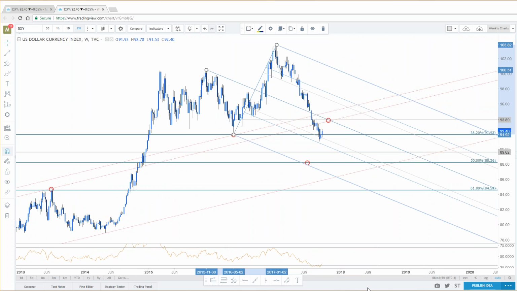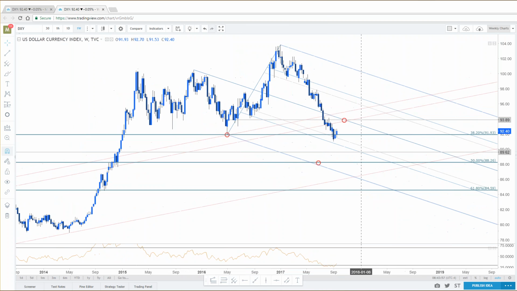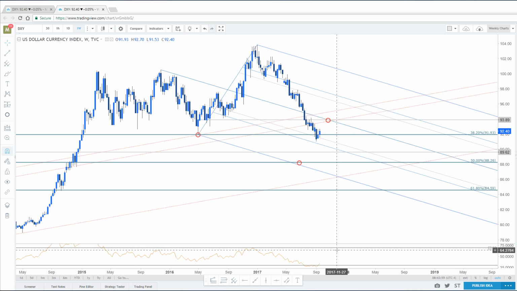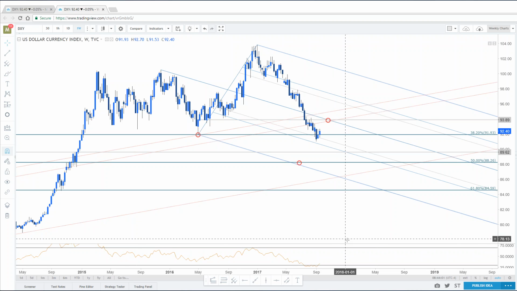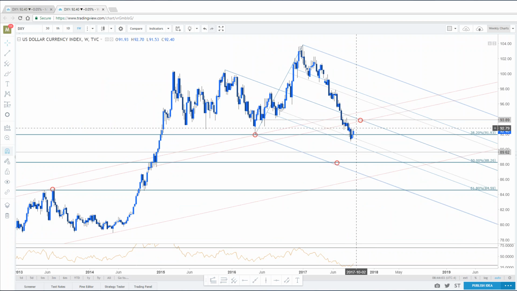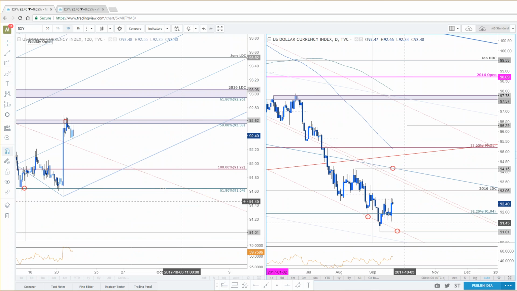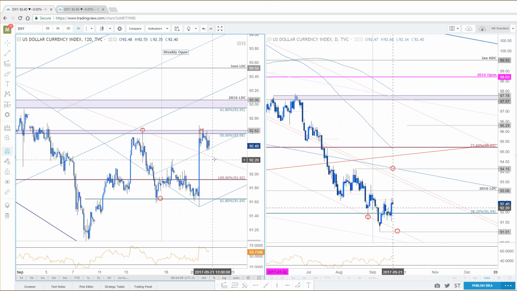But I don't want to put the horse before the carriage here, or the carriage before the horse, in whatever way it's said. You want to watch for that break to the upside if we clear 92.60. Okay. Questions on the index? Quick review there.